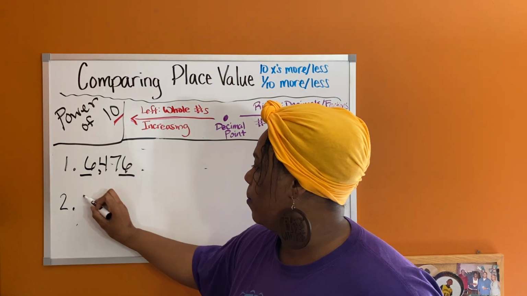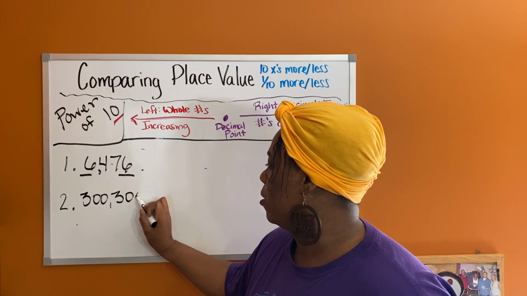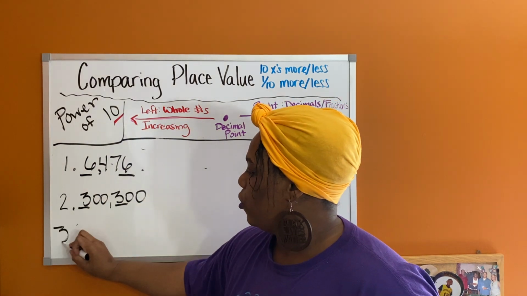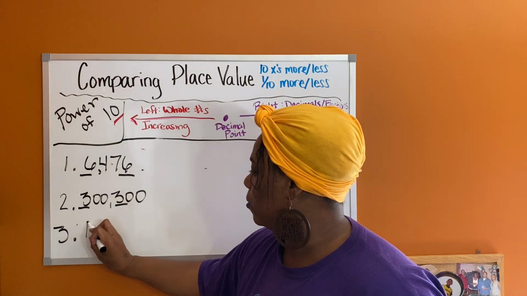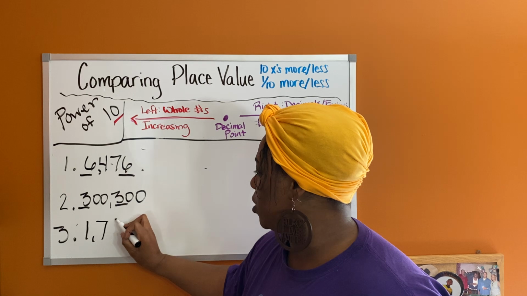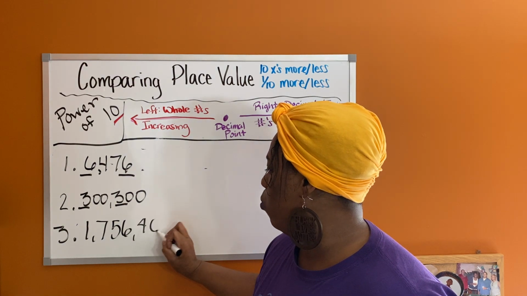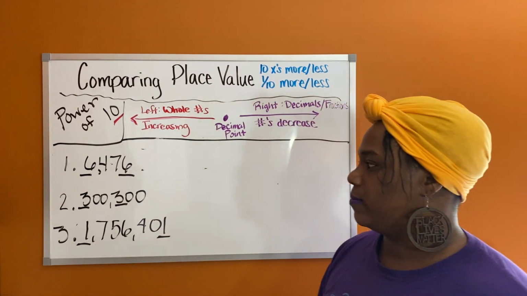The second problem is 300,300, and you're comparing your 3's. Your third problem is 1,756,401, and you are going to compare your 1's.